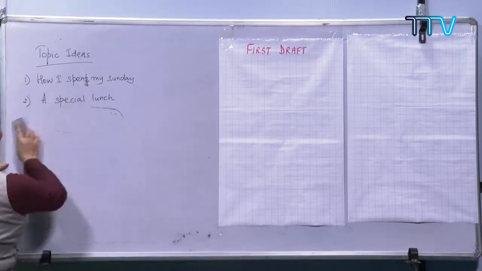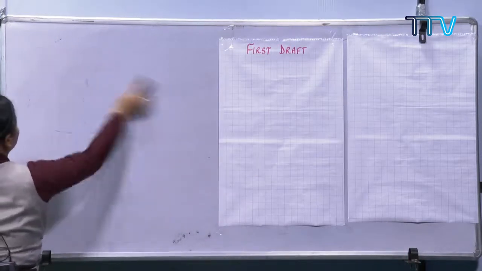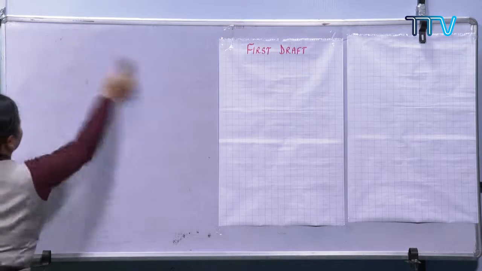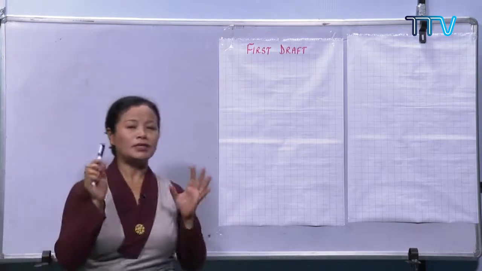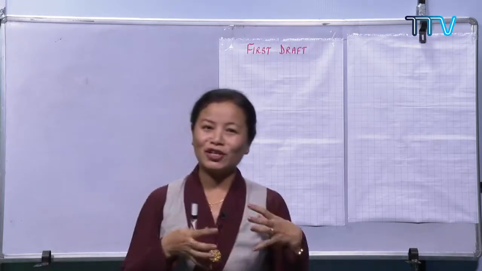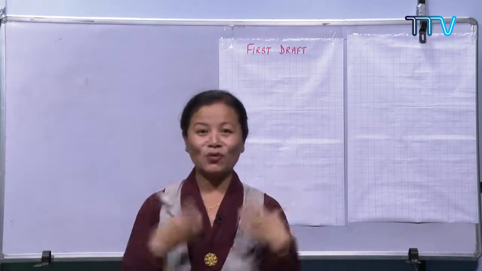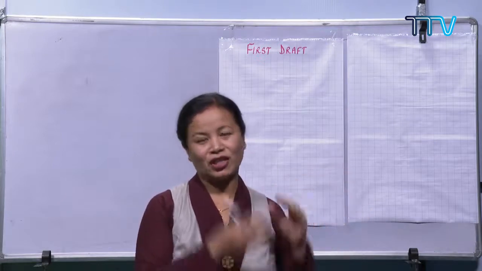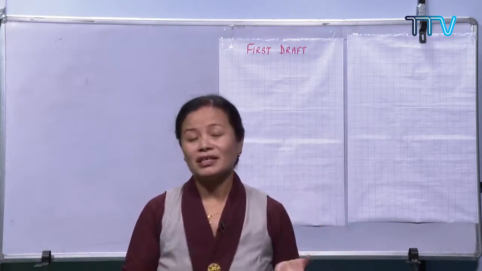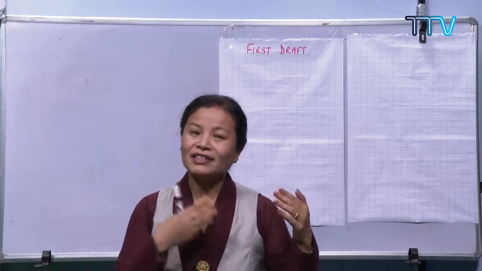I'll rub this off as we now have the topic ideas. So please make sure that I'm not the only one doing it. I assume you are all with me. We are together going to make a composition, a short written piece, following the writing process.